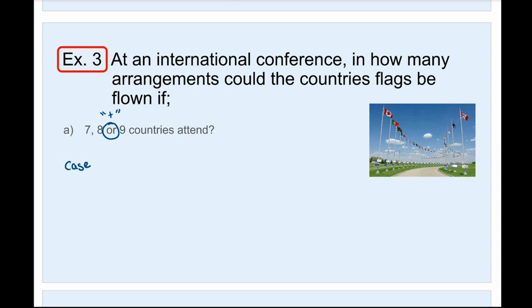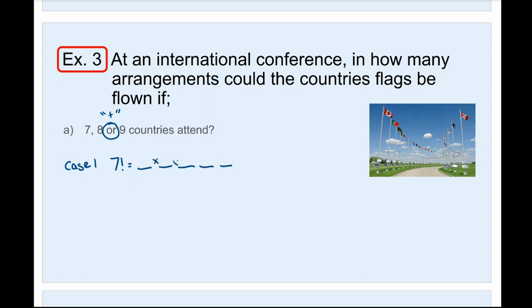Case 1, I'm going to look at 7 countries. And if I have 7 countries laid out, or 7 flags in a row, the number of ways that I can arrange it, if we remember back to a previous lesson, is 7 factorial. Because if I have 7 countries, that means I have 7 spots.